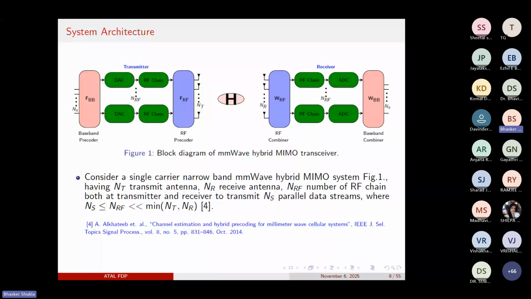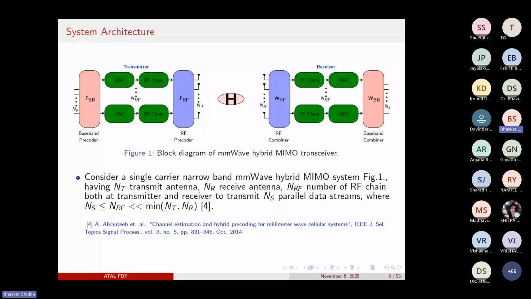So spatial multiplexing is done with the help of the baseband precoder, and the RF precoder steers the beams towards the receiver side. So FRF is the RF precoder matrix, FBB is the baseband precoder matrix, WRF is the RF combiner matrix, and WBB is the baseband combiner matrix.